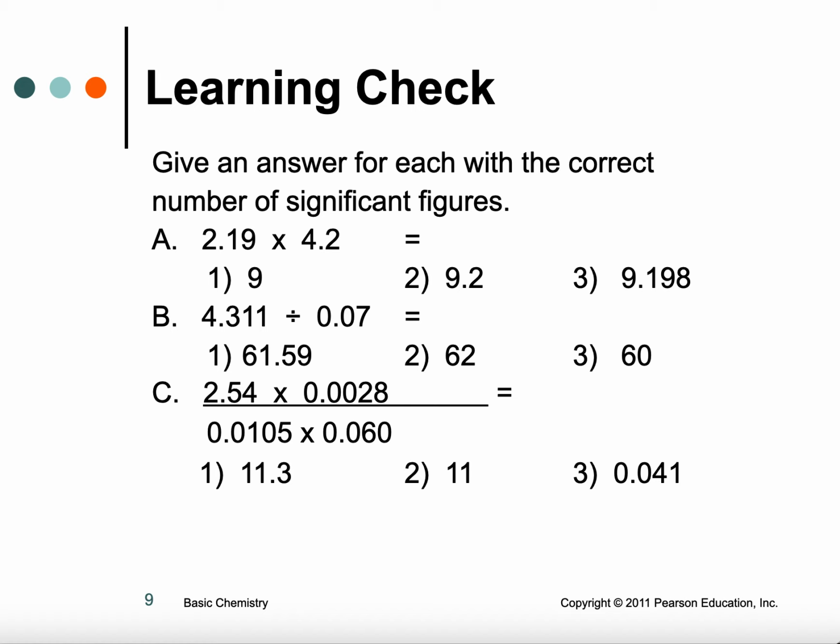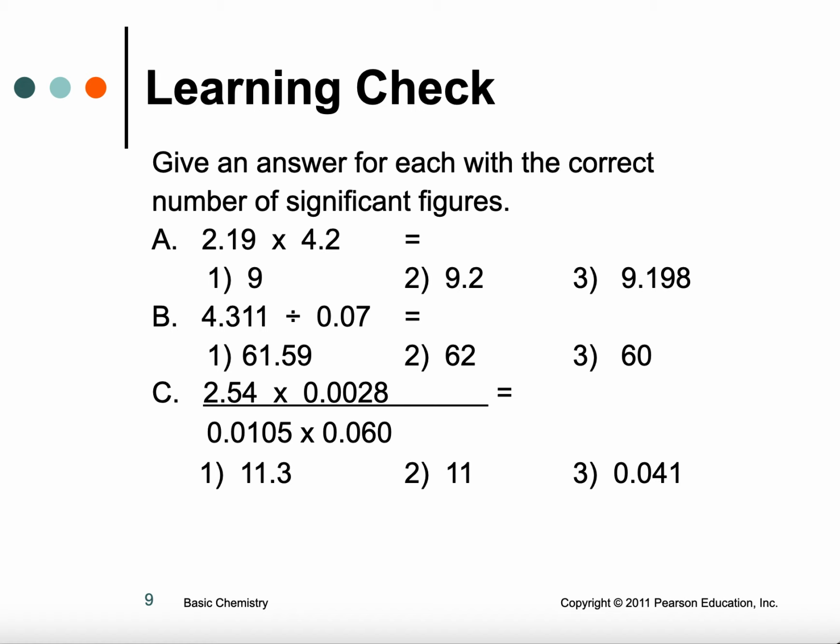Okay. In B, I have 4 and 1. Okay, I hope that you're getting good at this, being able to know how many significant digits it is. I have 4 and 1. That means I need to round to 1. Which one has 1 significant digit? The 60 does. Okay. Notice that it's 60.